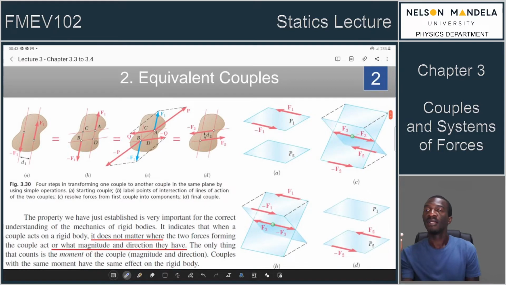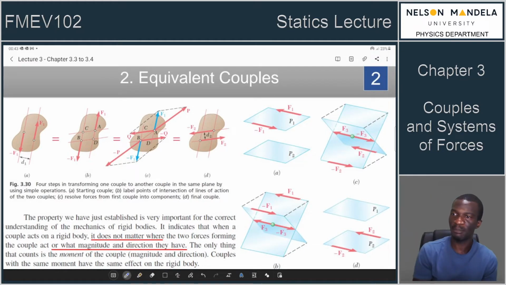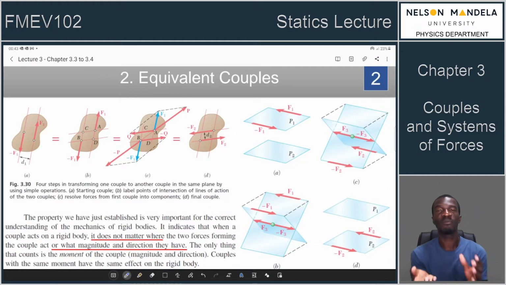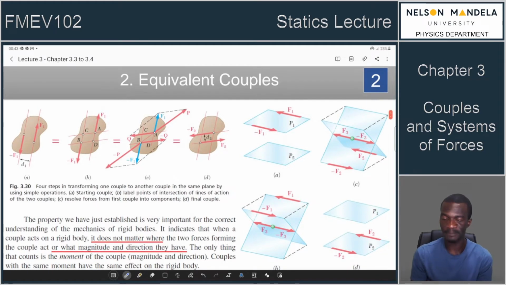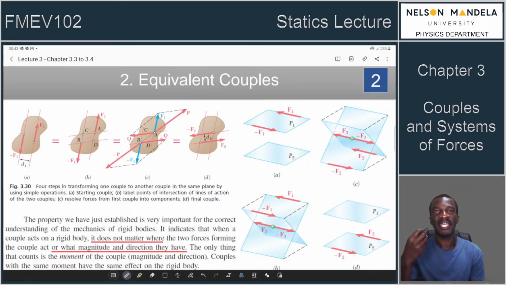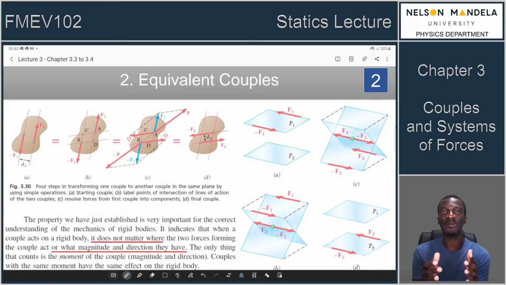Now, the concept of equivalent couples can be proved. So this part intends to explain that when we have a couple that is acting on a body, we can actually figure out an equivalent couple. Remember, chapters 3.3 and 3.4 are looking at equivalent systems of forces.